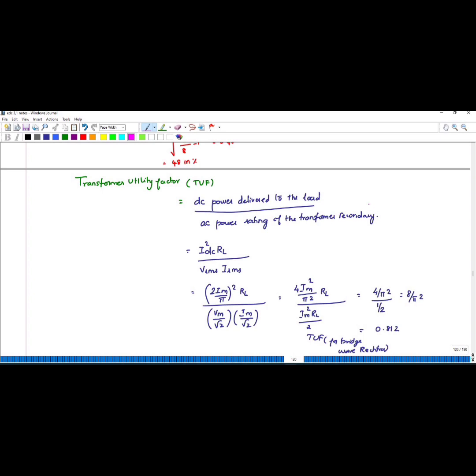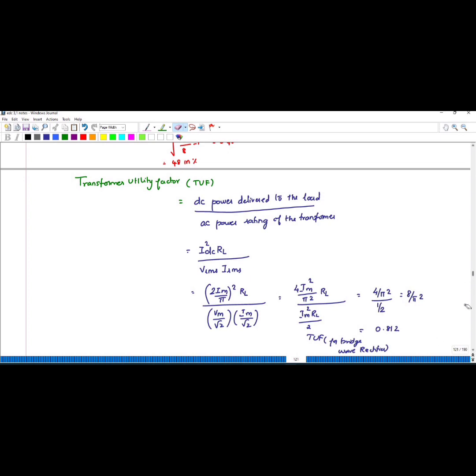This is nothing but the AC power rating of the transformer. I can write this as IDC square RL divided by Vrms Irms. If I substitute these values, I will get 8 divided by pi square, that is nothing but 0.812.